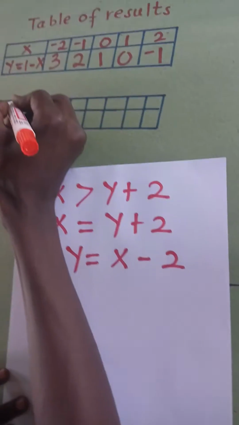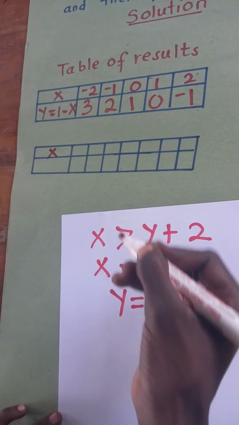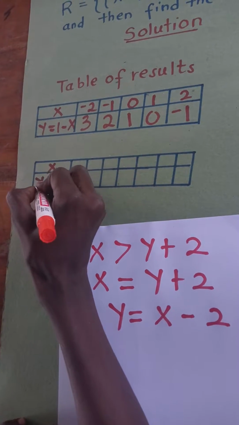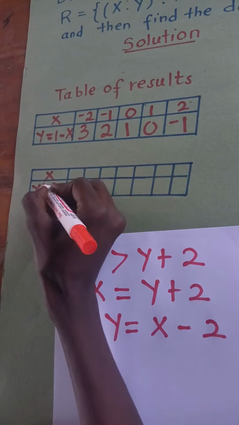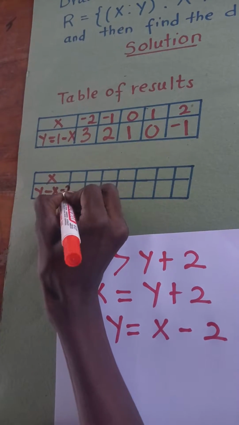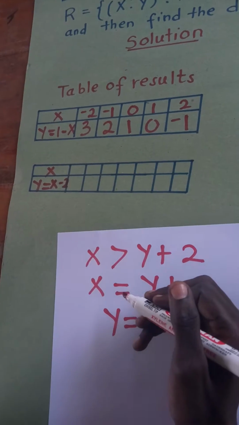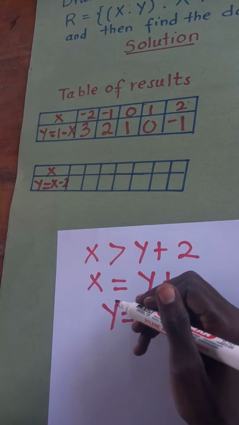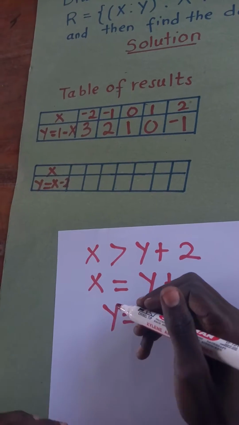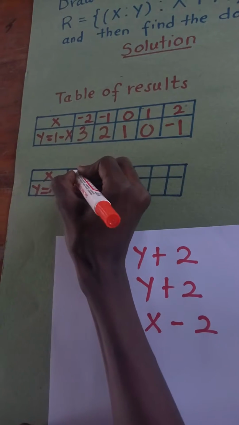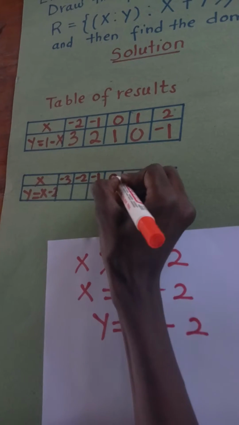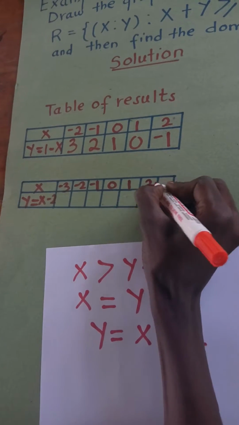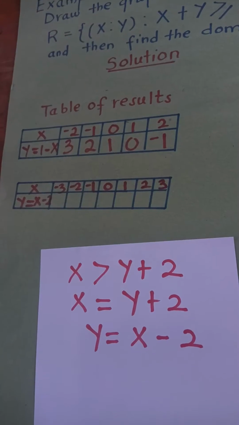So this is the column for x, and this is the column for y is equal to x minus 2. We do not have any given, so we're going to use all real numbers. Okay, let us start with negative 3, negative 2, negative 1, 0, 1, 2, 3.